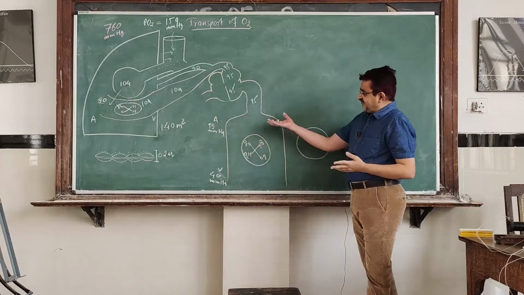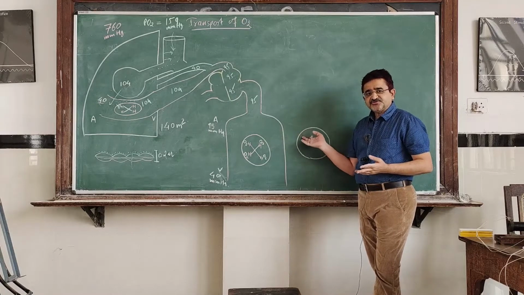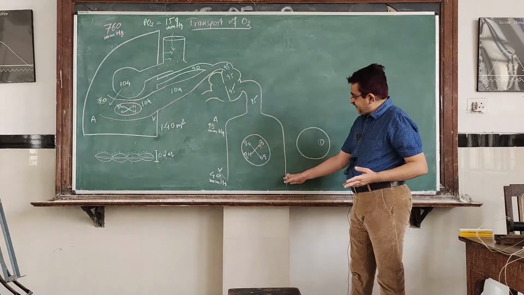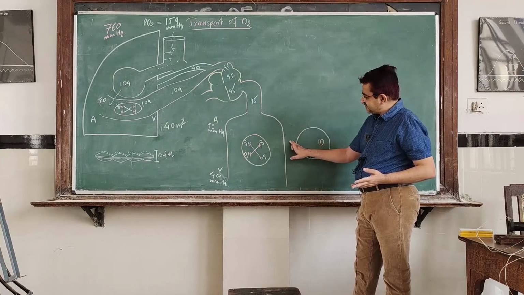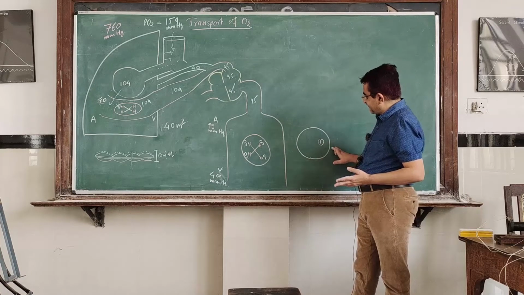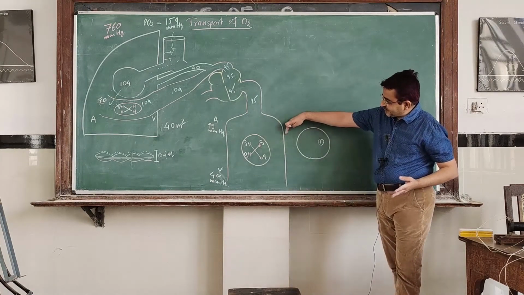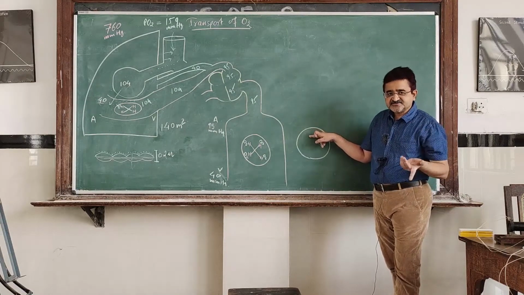Now it is time to deliver the oxygen to the tissues. Outside this capillary, interstitial fluid is present, and just next to the interstitial fluid, the cell is present. Now it is time to deliver the O2 to this cell. How is it delivered?